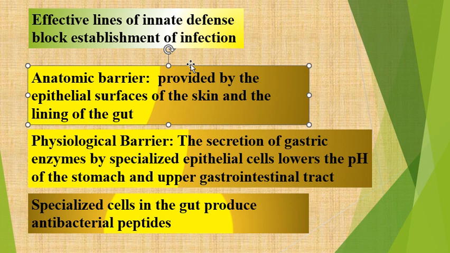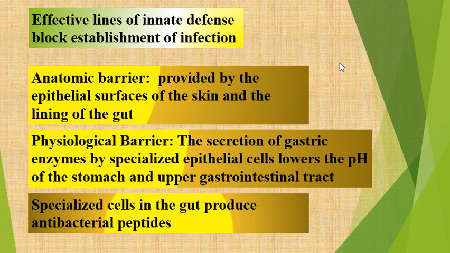The definition of innate immunity is a basic immunity that we are born with. And we are born surrounded by 4 barriers. One of them is the anatomic barrier.